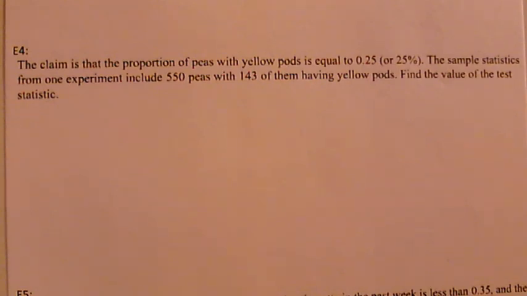Here it says that the claim is that the proportion of peas with yellow pods is equal to 0.25 or 25%. The sample statistics from one experiment include 550 peas with 143 of them having yellow pods. Find the value of the test statistic.